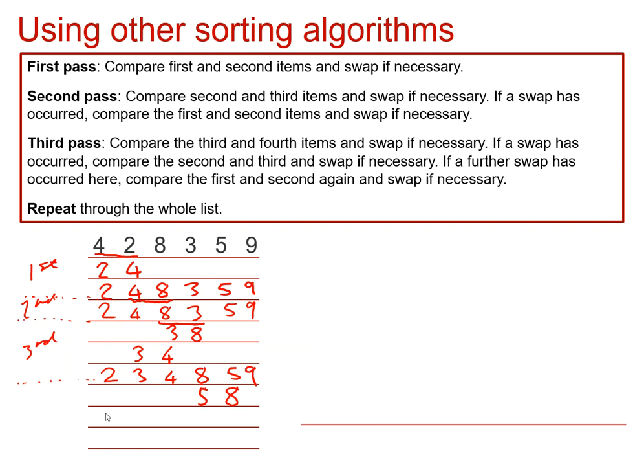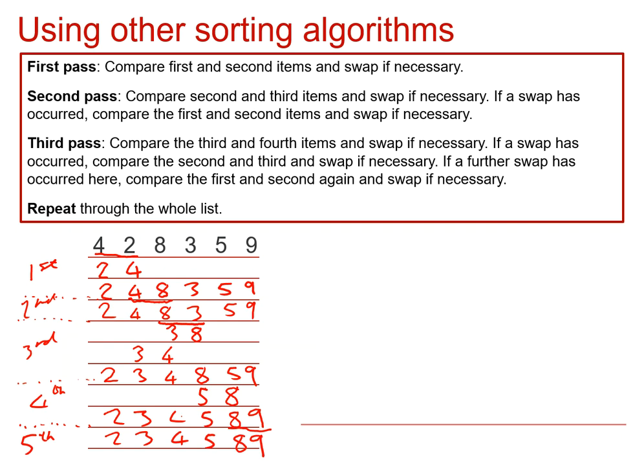So after the fourth pass, my list looks like this: 2, 3, 4, 5, 8, and 9. And then finally, for the fifth pass, I need to look at the fifth and sixth item. They're the right way around already. I don't do a swap, so I stop there. So after the fifth pass, the list is the same as it was after the fourth pass.